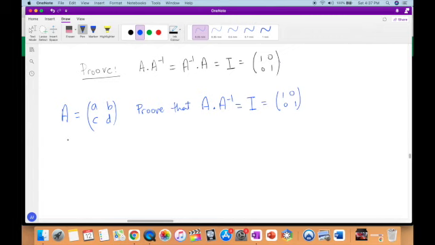So I'll give you 3 minutes, right? You have to take this matrix and then find the inverse. So you have to find A inverse. And then you have to multiply both of them. And you're supposed to get this.